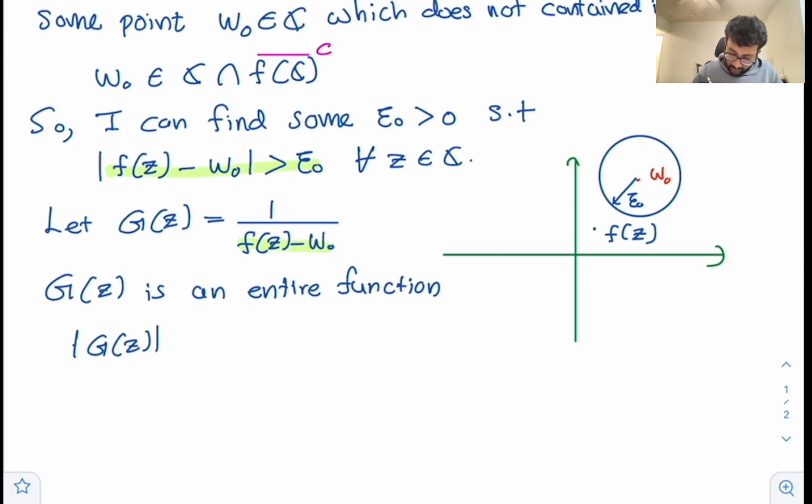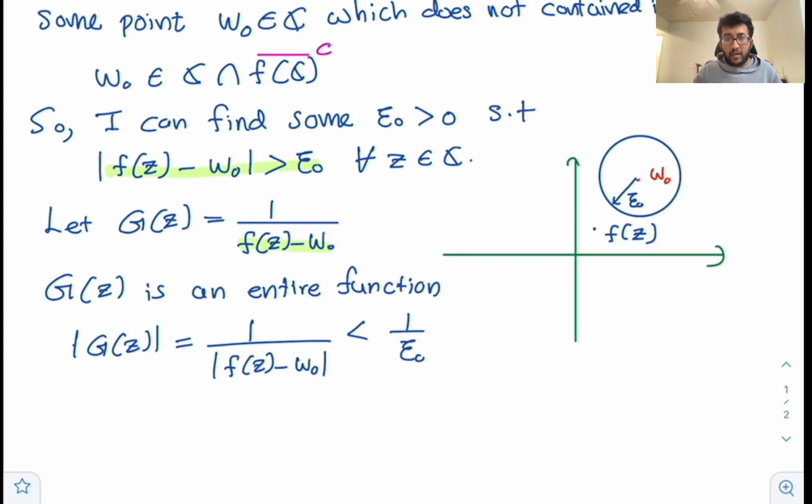Okay, now what can you say about the modulus of G(z)? It is going to be equal to 1 divided by the magnitude of f(z) minus w naught, and since that is greater than epsilon naught, 1 divided by the magnitude of f(z) minus w naught is going to be less than 1 divided by epsilon naught.